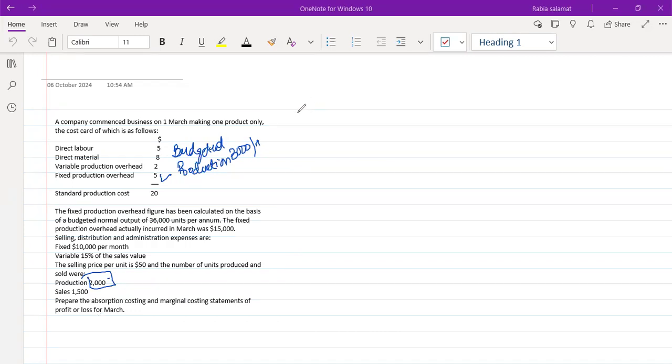To solve this question, first of all, we solve it in absorption costing.